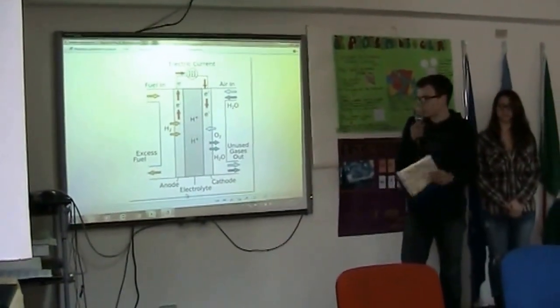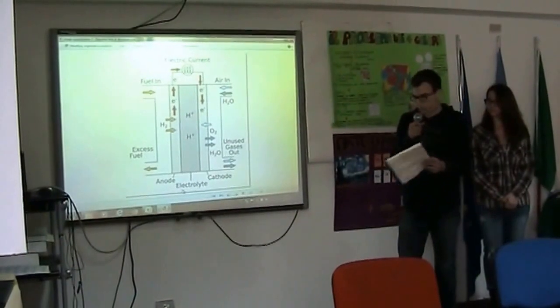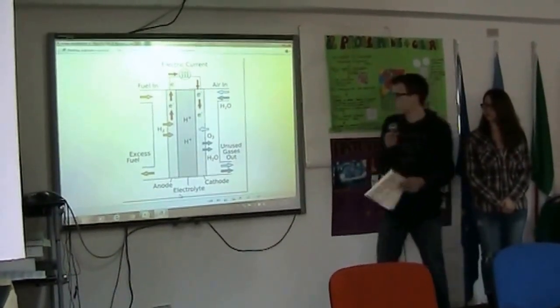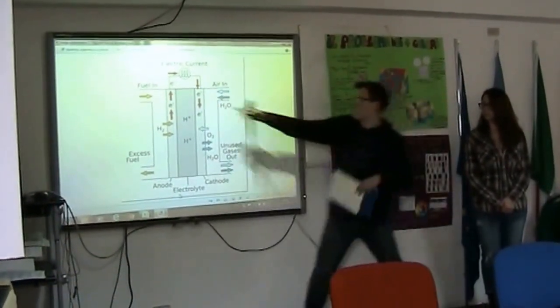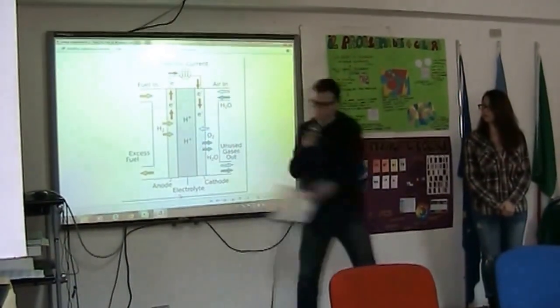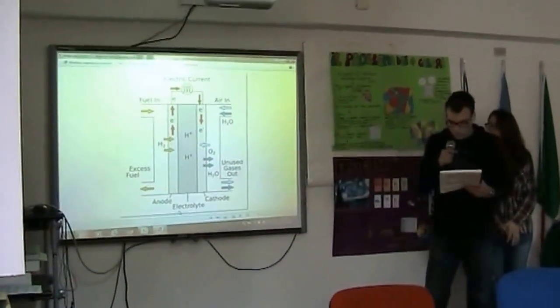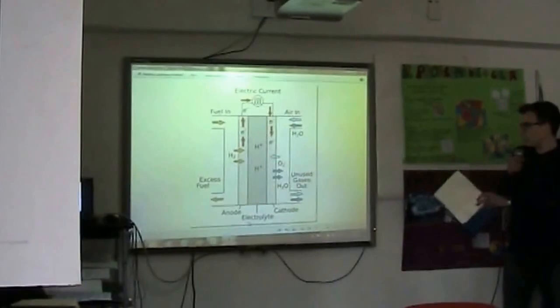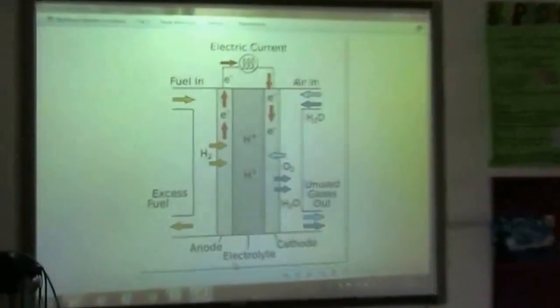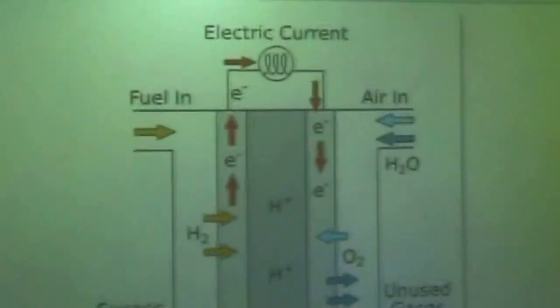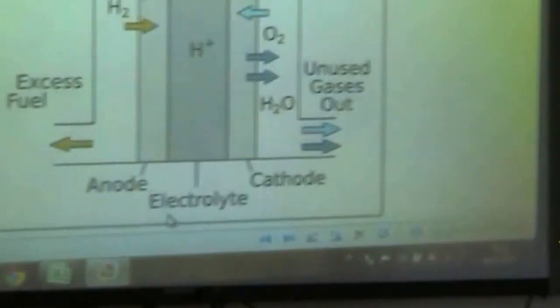The freed electrons have to travel through a wire, creating an electric current. This is the wire. Once reaching the cathode, the electrons and the ions react with the oxygen to create water and energy. To let the oxygen get in, we open this cap.